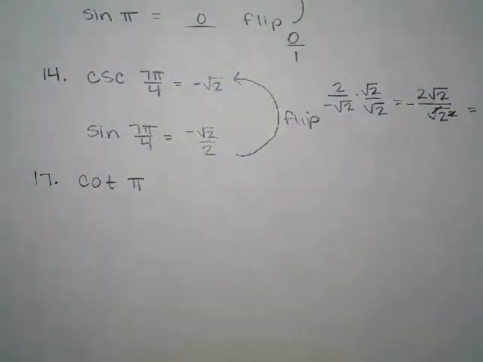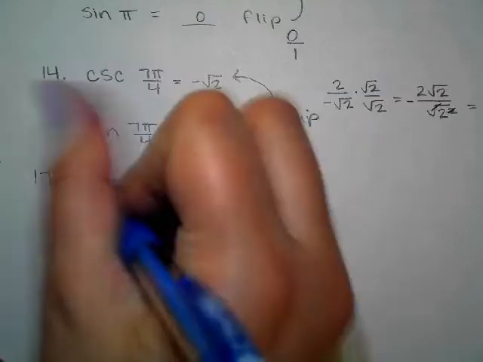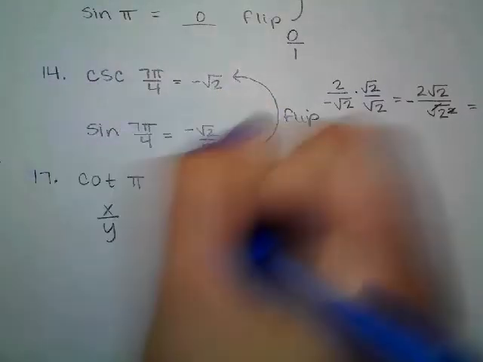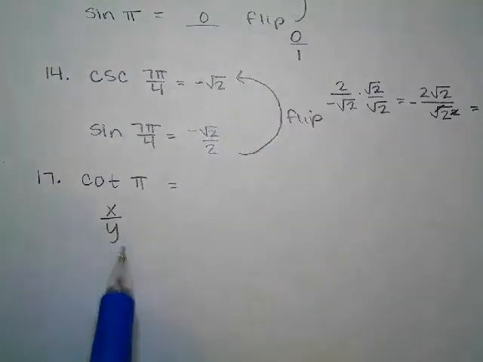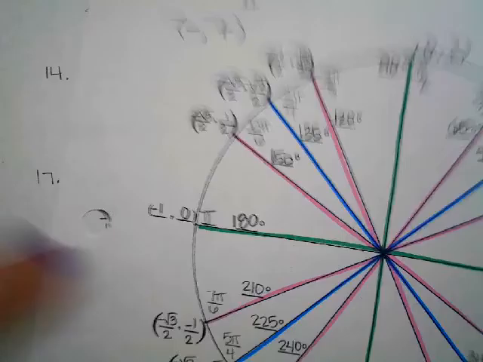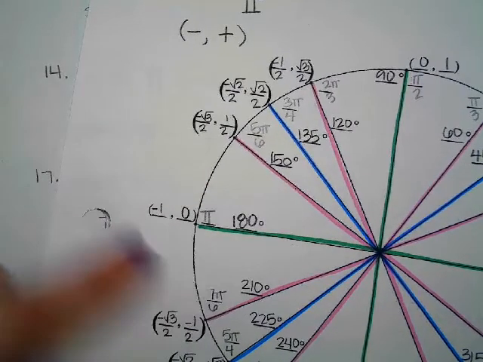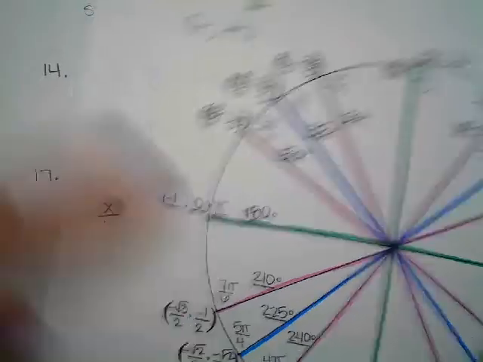If tangent is y divided by x, then what would cotangent be? X divided by y. So with this one, you don't even have to do other work and then flip it. You can just go directly there. So cotangent is x divided by y, so we're going to locate pi on the unit circle, and we're going to do x divided by y, which would be -1 divided by 0.